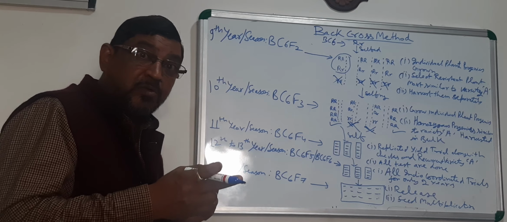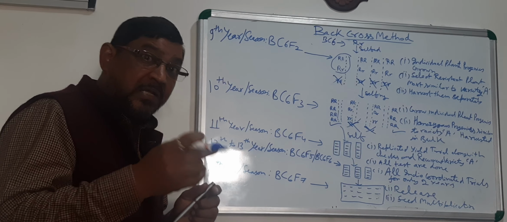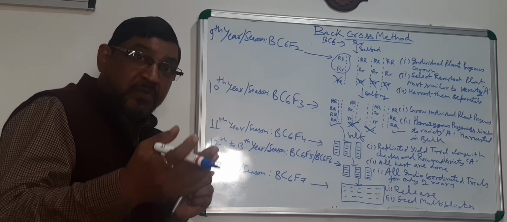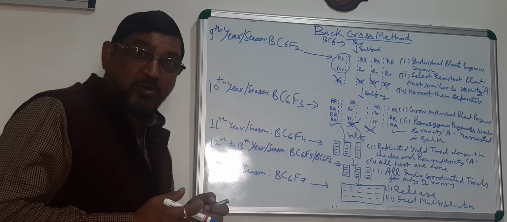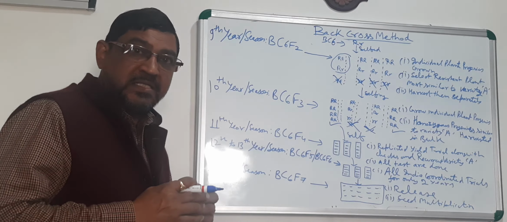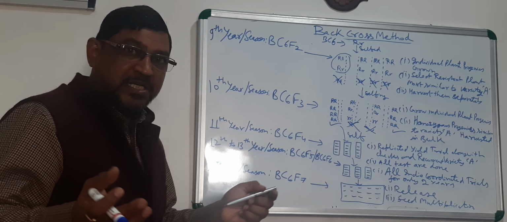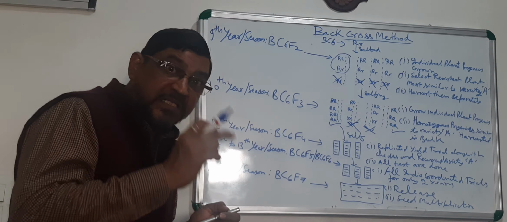It must be similar to your recurrent parent. All the traits must be similar to the recurrent parent, otherwise farmers are not going to adopt or accept your variety. They are not going to accept it if you are making other changes, except that particular resistance gene.